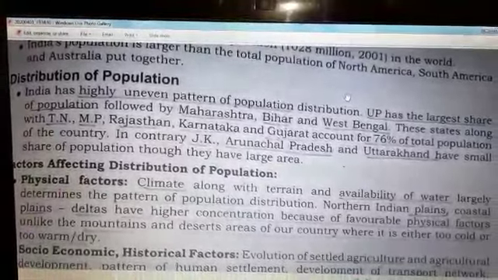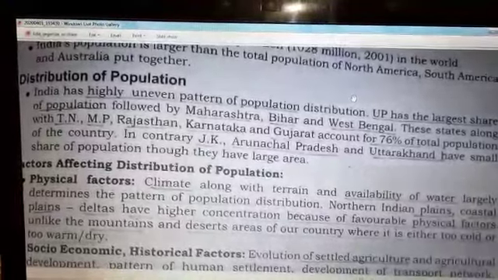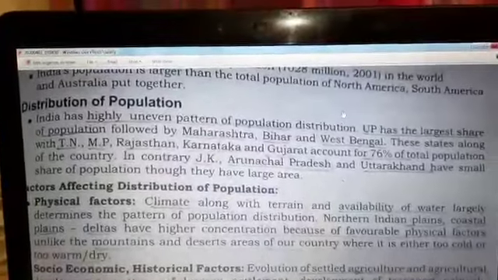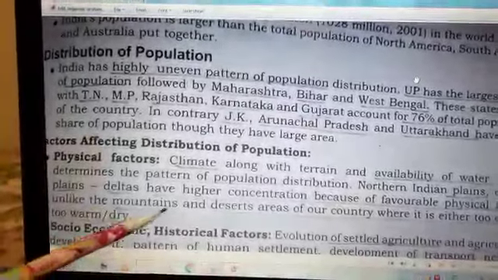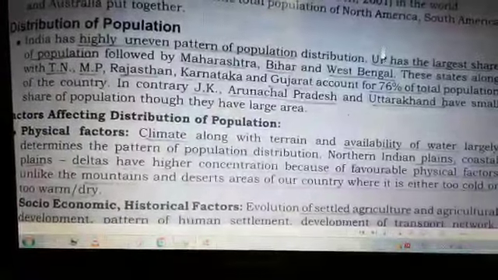Now I am coming to the other section, that is factors affecting distribution of population. This topic also we have studied earlier in the junior classes. First, the physical factors. Second, the socio-economic and historical factors. First, I am going to take up the physical factors.